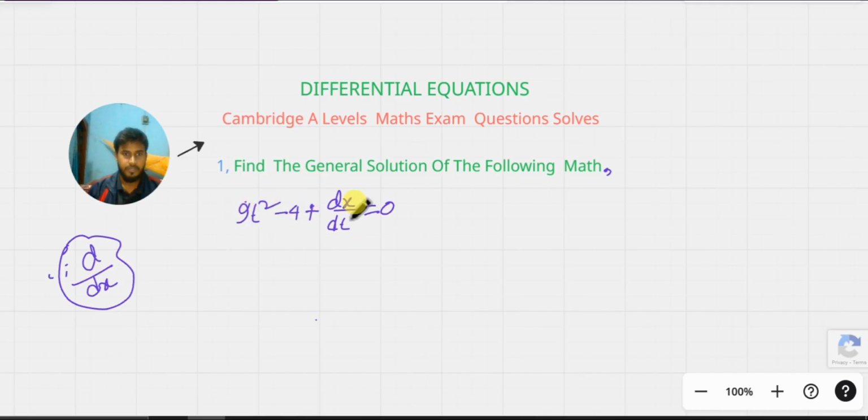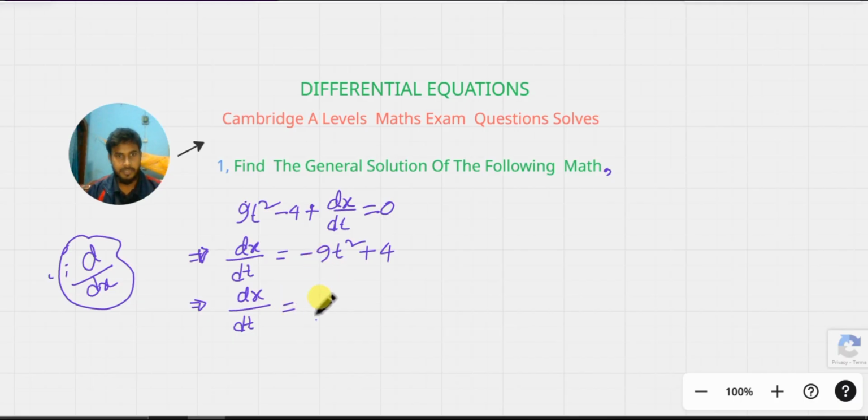Now we will solve this one. Before solving it, we have to rearrange this equation. We will write dx/dt equals minus 9t² plus 4. Okay, and we will now apply the differential operator on this portion.